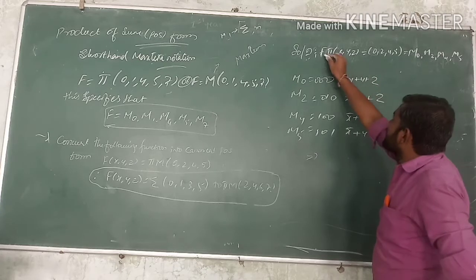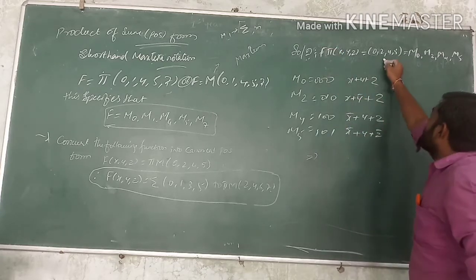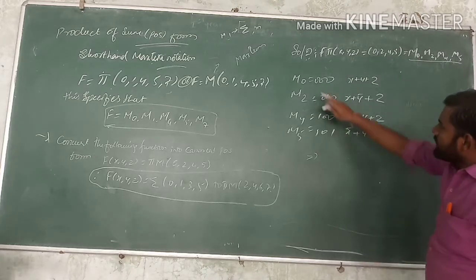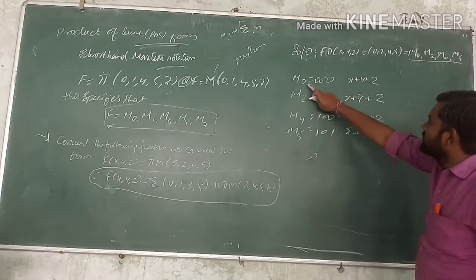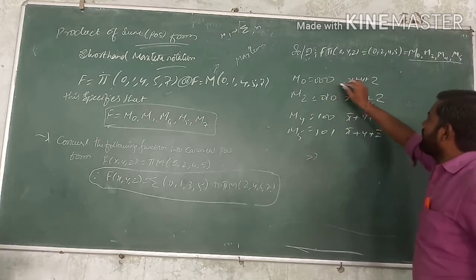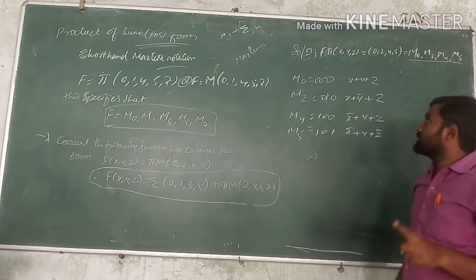So the same equation, f of x, y, z equals M0, M2, M4, M5. Take the binary value for 0, 2, 4, 5. Where the bit is 0, place that variable as it is. If it is a 1, then make it a complement.